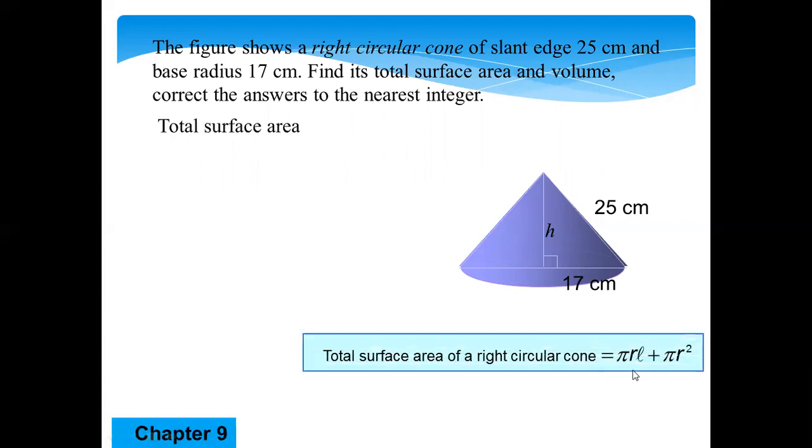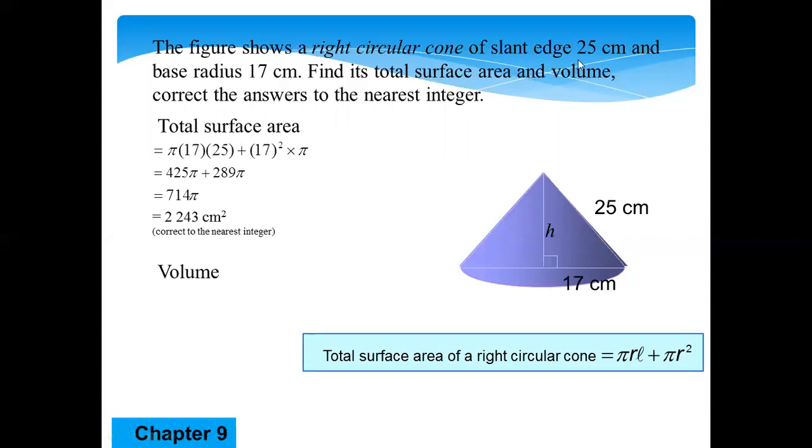By formula, R is 17, L is 25. So we find its total surface area and correct our answer to the nearest integer.